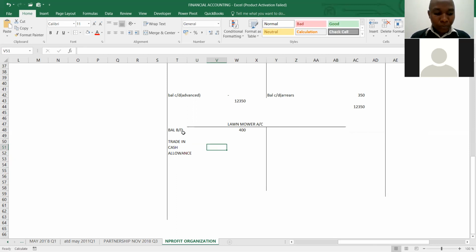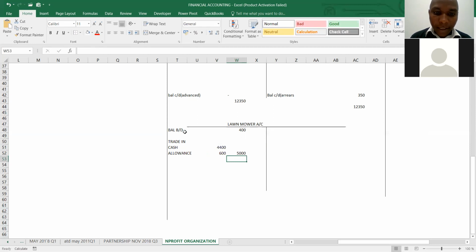Iko kwa cash book payment side, the last item before bank. Then wakapewa trade in allowance. We have been told in note number 4 trade in allowance of 600. If we add them, it will come to the total cost, which is 5,000.